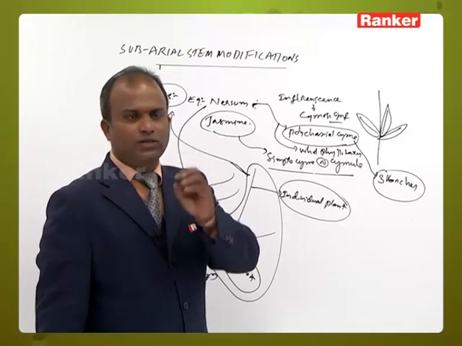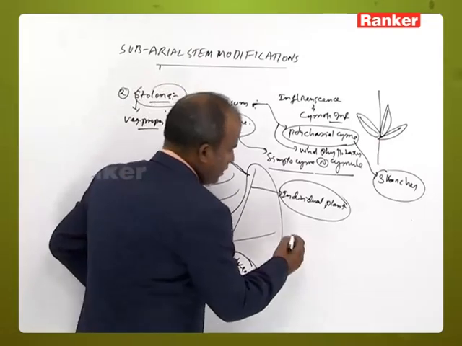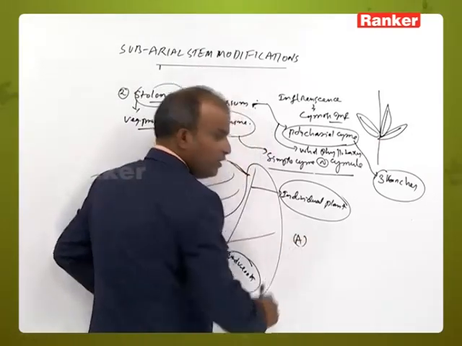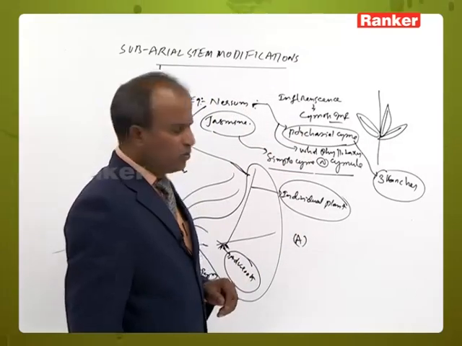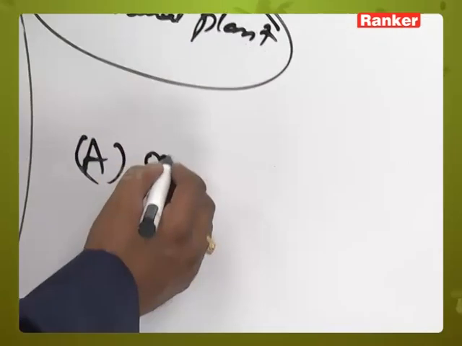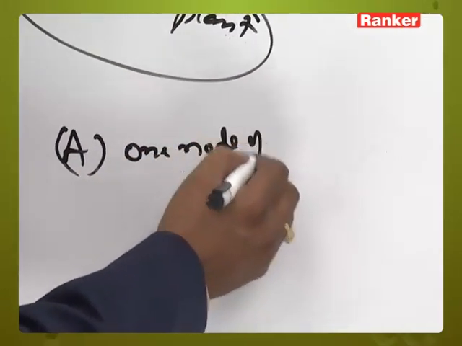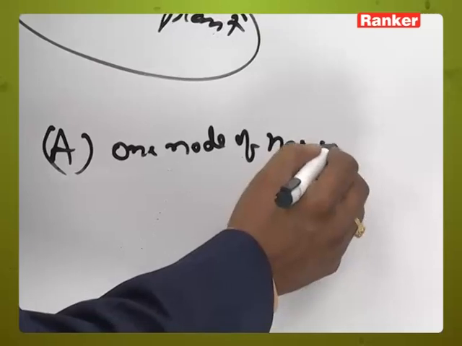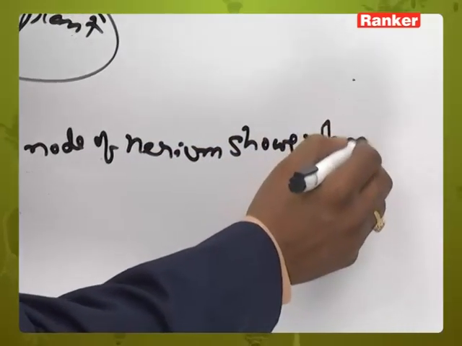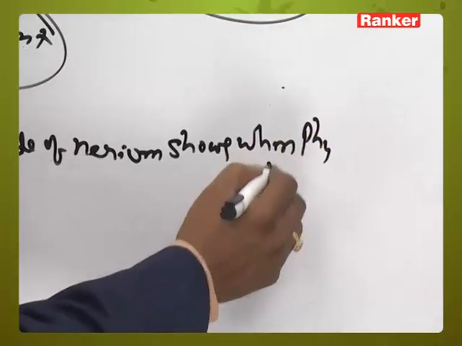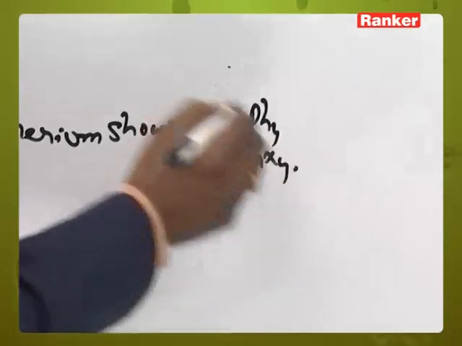Now the assertion and reason. In this assertion, Nerium shows whorled phyllotaxy. Which type of phyllotaxy? Whorled phyllotaxy.